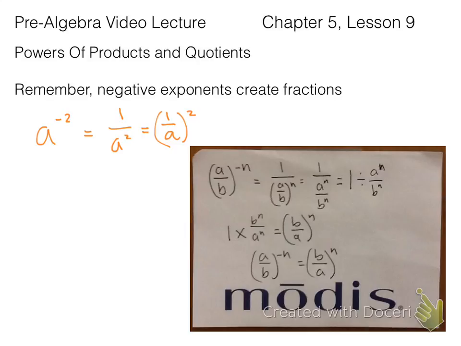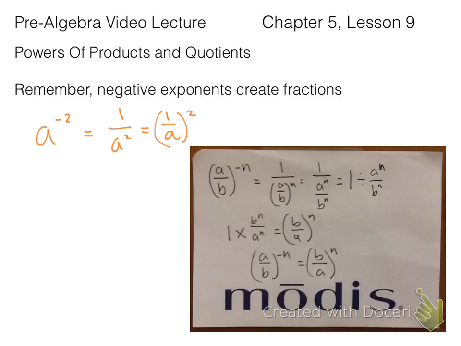Okay, so here's how it works. If we have a over b to the negative n power, the negative n tells me to drop the a over b under 1, because I'm taking the reciprocal of a over b. The reciprocal of a over b is 1 over a over b. The n becomes positive. Then I distribute the n.